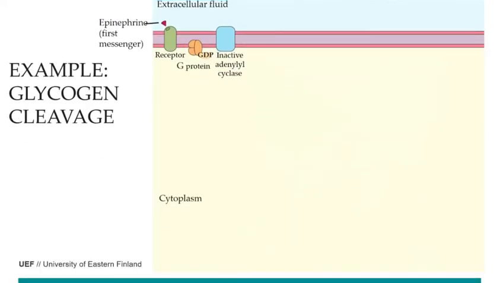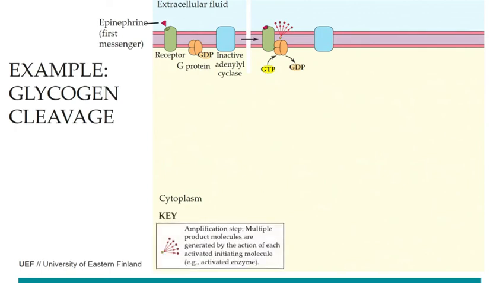Okay, what about then the example? For example, the glycogen cleavage that we also already had in the previous video. So when the receptor is activated, we have this G protein activation. And actually, we can have several G proteins activated.